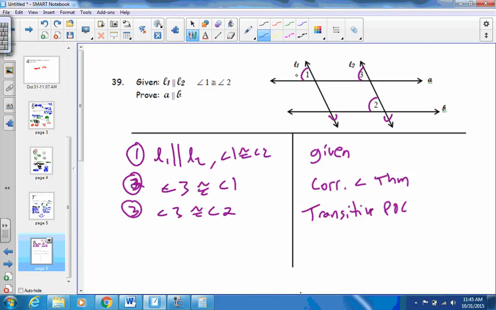If we want to prove that A and B are parallel, we need to deal with angles 2 and 3, and those would be corresponding angles. So if we can prove that those are congruent, like we just did, then we can prove that the two lines are parallel, because that would be the converse of the corresponding angles theorem.